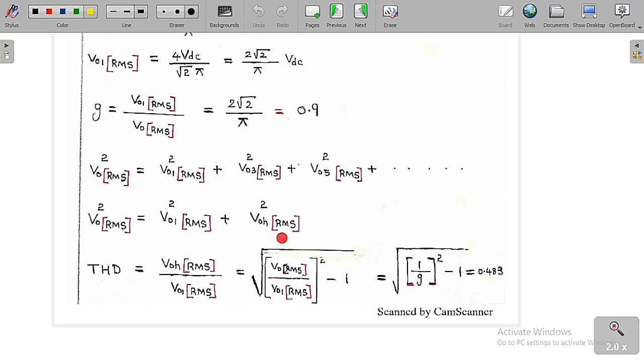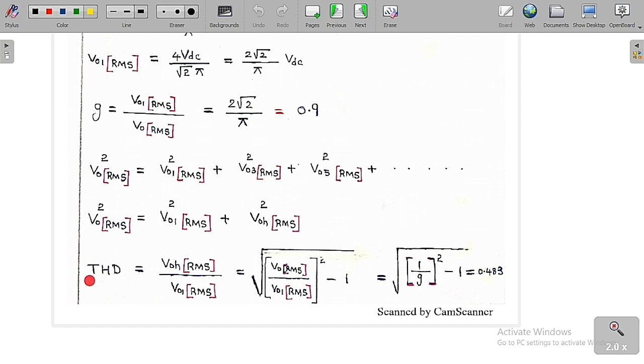If you want to find the RMS value of the harmonic component present in the output signal, it is equal to the square root of V03 RMS square plus V05 RMS square, and so on up to infinity. This is the basic thing that you need to remember. So finally you are going to get this expression.